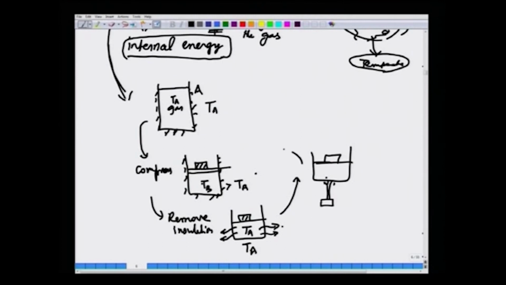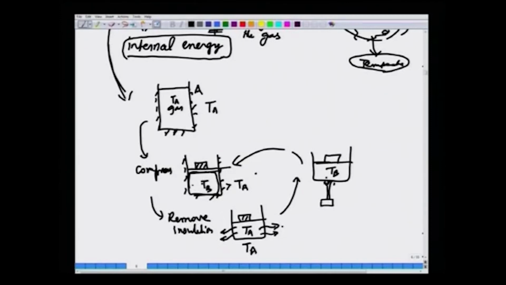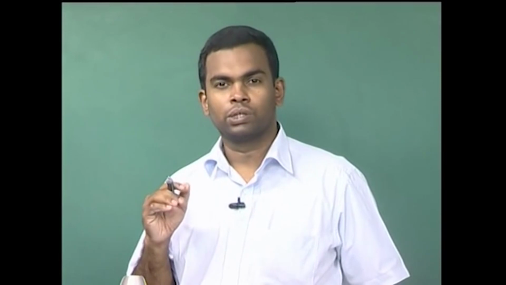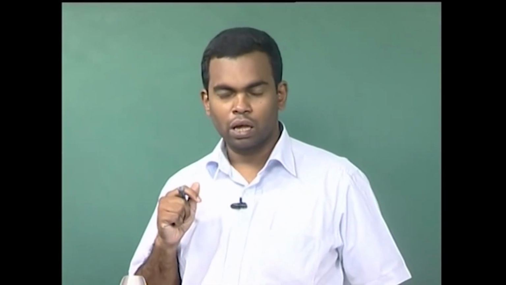Now, I can bring it back to the same state with temperature T b by a completely different route. I am just supplying heat, let us say by a Bunsen burner or an electric heater, whatever it is. I can bring the system back to the same state, state B, by an entirely different route, that is through heat transfer.